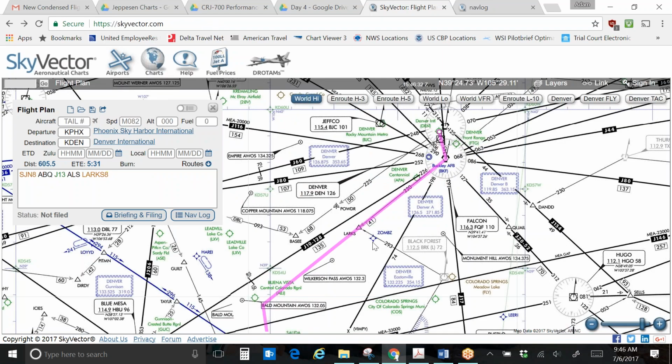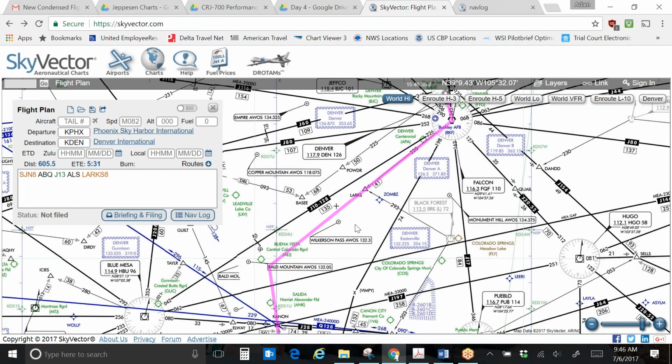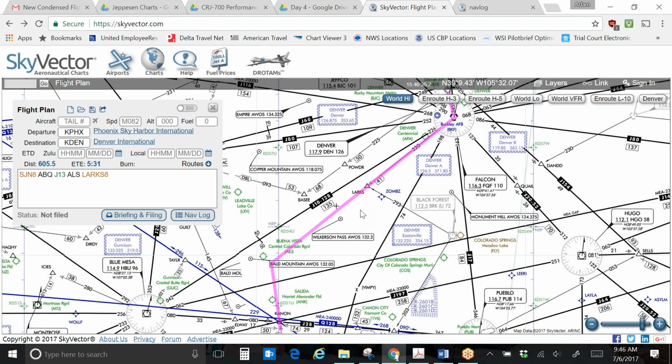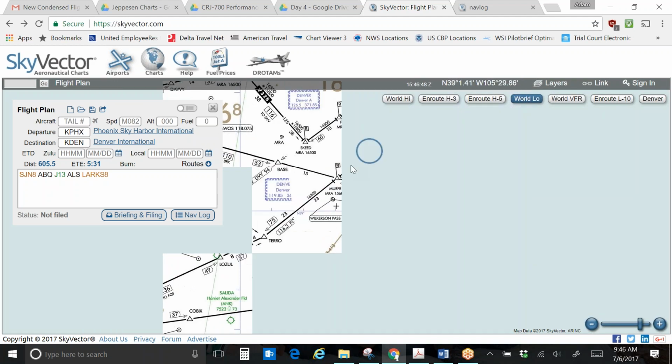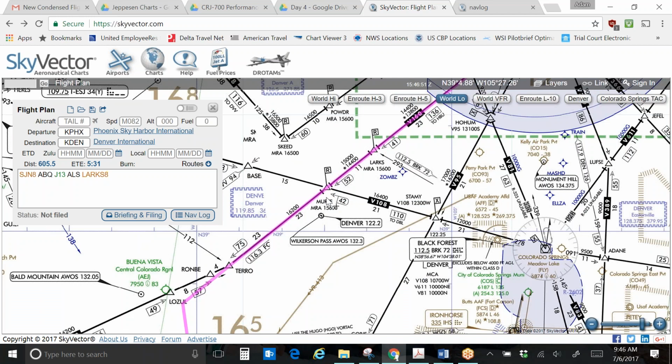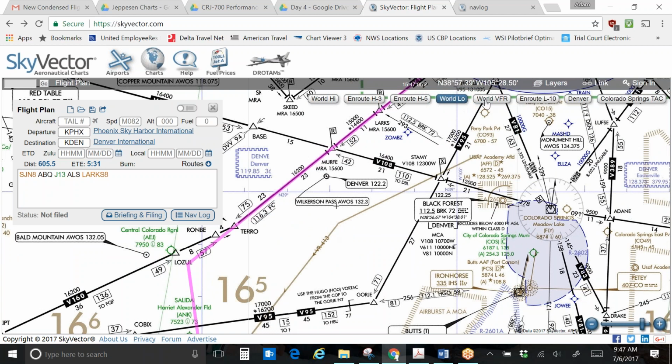So if we come back in here, there's Larks. Let's see if Murphy shows. Yeah, there it is. If you go to the low chart, you can actually see the Murphy intersection. It's right there. So our top of descent starts just before this Murphy intersection. Anyway, now we've got that figured out.